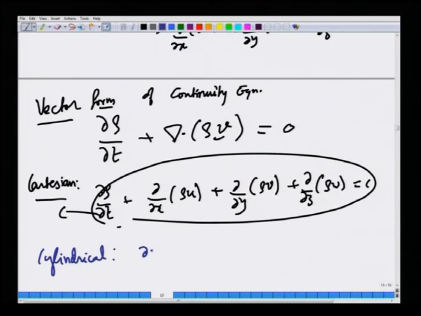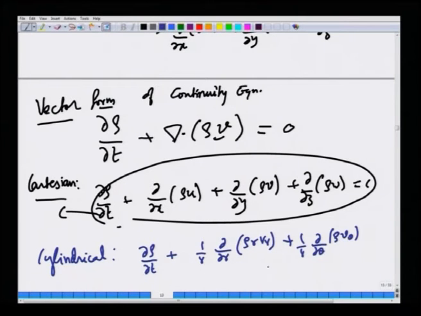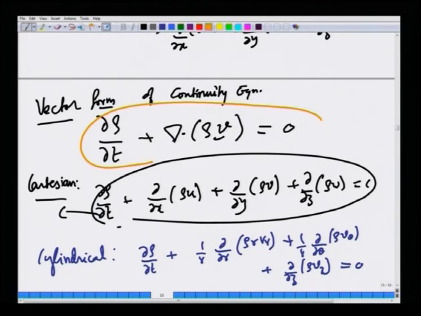For cylindrical coordinates, we will have d rho dt plus 1 over r d dr of rho r v r plus 1 over r d d theta of rho v theta plus d dz of rho v z, where v r, v theta and v z are the components of the velocity along the 3 cylindrical coordinate directions r, theta and z. Now, the form of the continuity equation is very different in cylindrical coordinates compared to Cartesian coordinates, while the vector form of the equation remains the same. It is coordinate free. This is the coordinate free notation.